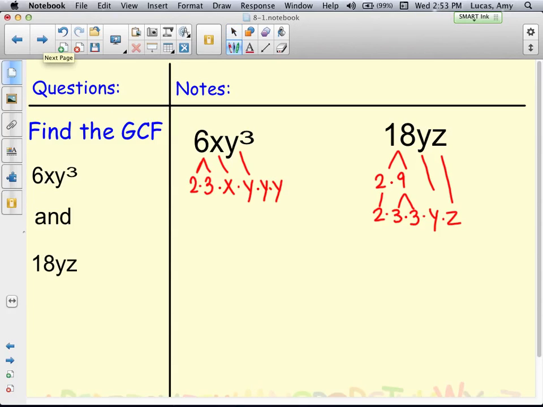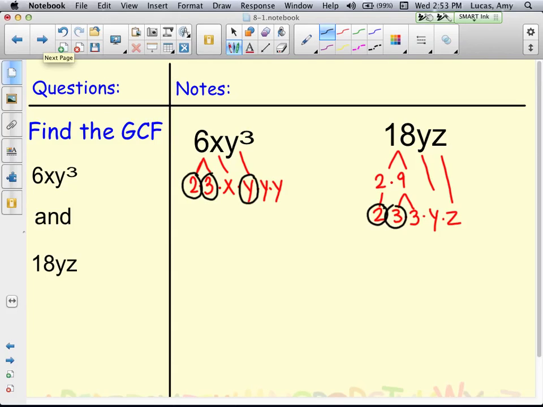Okay, what do they have in common? They have a 2, a 3, and a y. That's it. So the GCF, 2 times 3 times y, or 6y. It's my GCF.